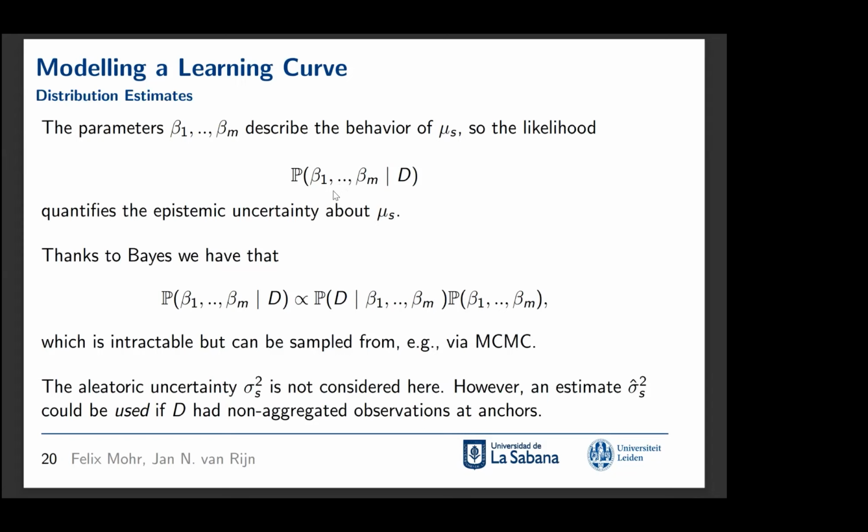If you're uncertain about the correct parameters, so that means that you can still conceive different learning curve behaviors as reasonable, well, then you will not have a Dirac distribution, but something a bit more general. Most often modeled as a Gaussian, as we shall see. So this is really saying nothing else. If we are modeling this likelihood directly, we're directly assessing the epistemic uncertainty about our estimates.